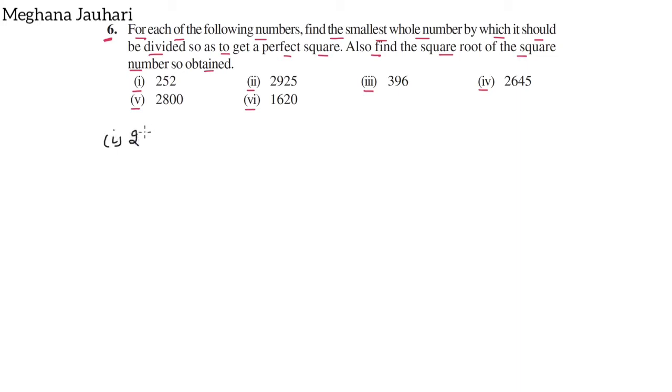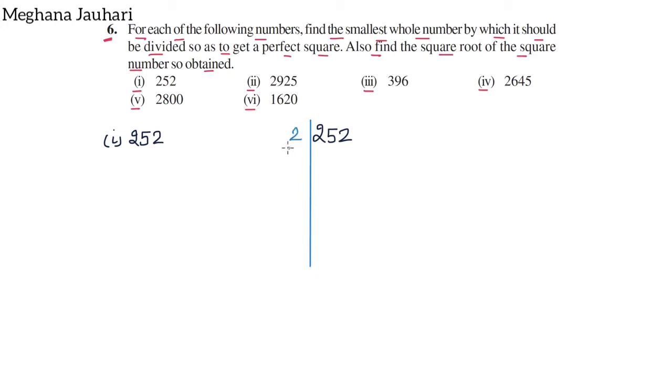For example, 252. If we find the prime factorization of this, this number is an even number, so the smallest prime factor will be 2.